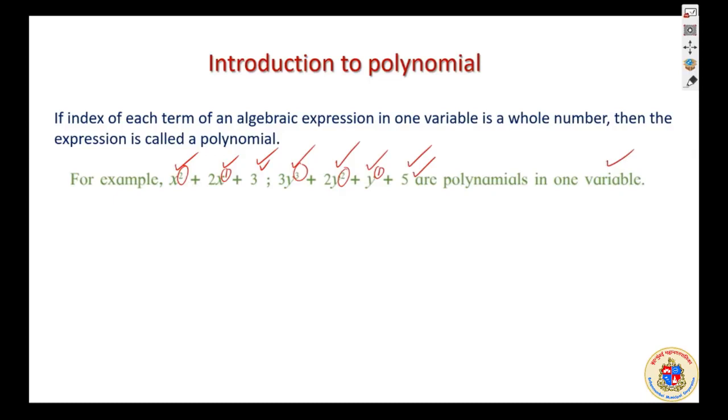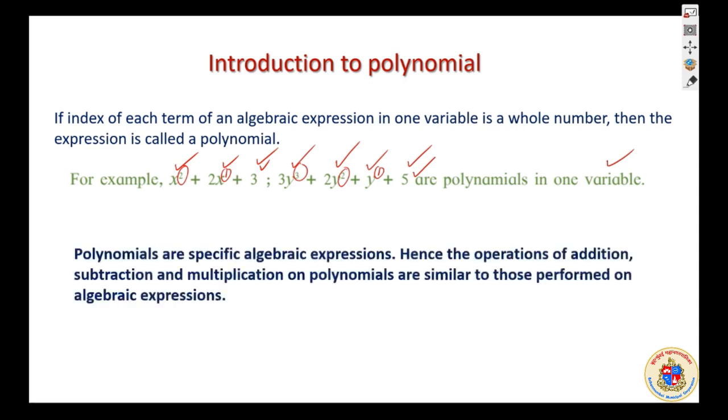Further about this kind of polynomial operations you would be studying in class 9. So polynomials are specific algebraic expressions, and their addition, subtraction, multiplication, division, all what we are going to study will be similar to the operations of algebraic expressions that you studied in class 7.